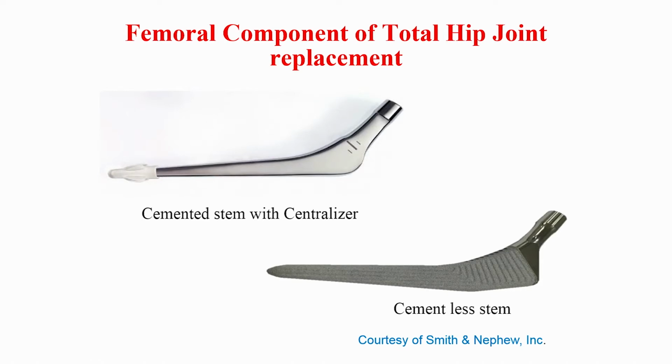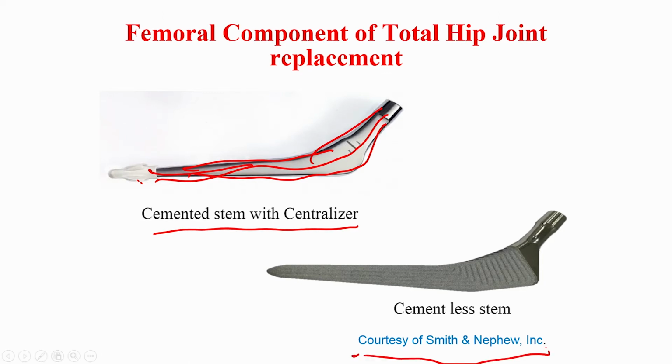As far as the stem of the total hip joint replacement is concerned, it is the cemented stem with centralizer. This is one of the design concepts. All these implant figures are obtained from Smith and Nephew Incorporated, and therefore in every slide where I show implants, I have acknowledged Smith and Nephew for providing these implant pictures.